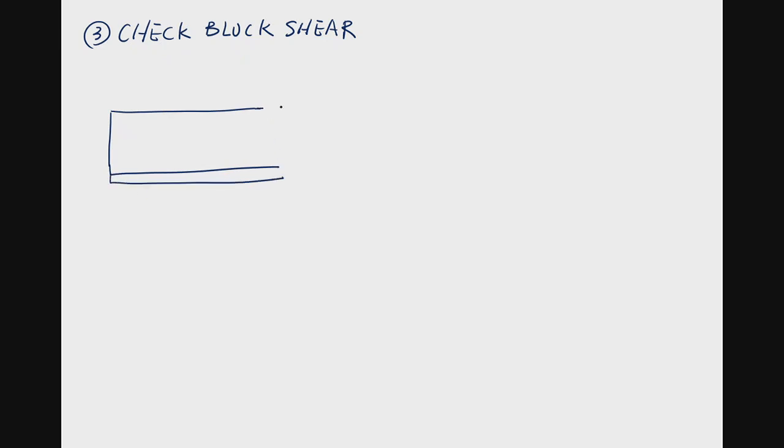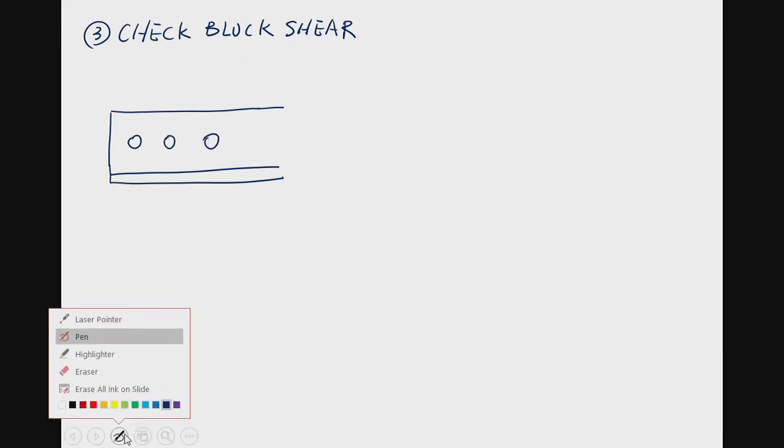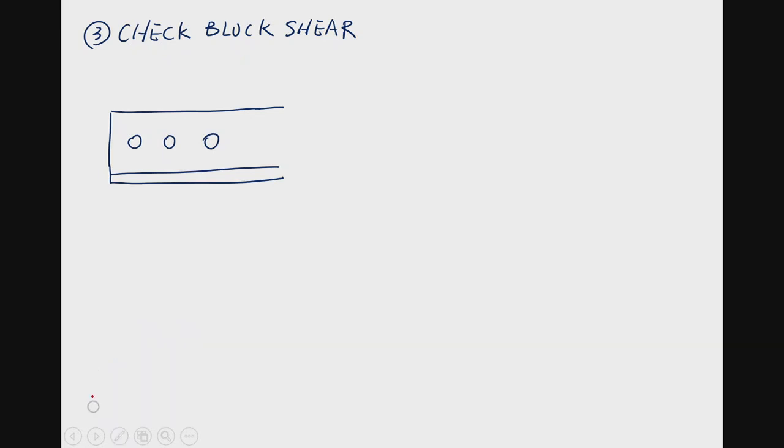So the angle, 3 holes. So the block tear out will be like this, right? So this is the block that is going to be torn out.